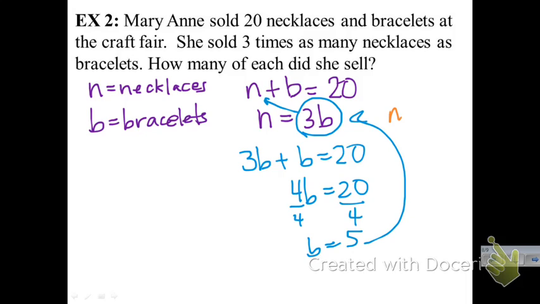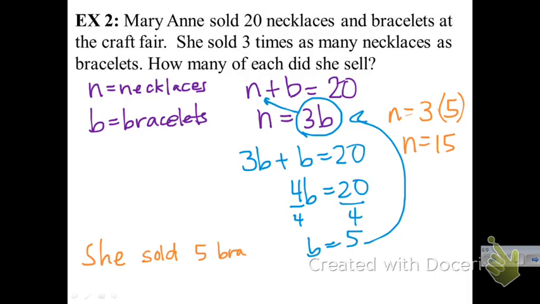So we get n equals 3 times 5. So n is 15. So in the end, we would say she sold 5 bracelets and 15 necklaces.